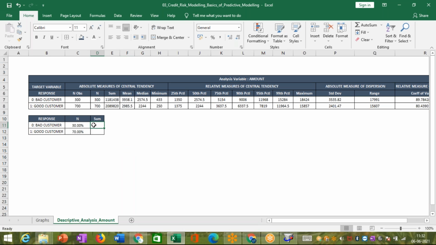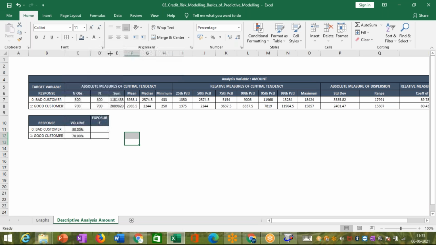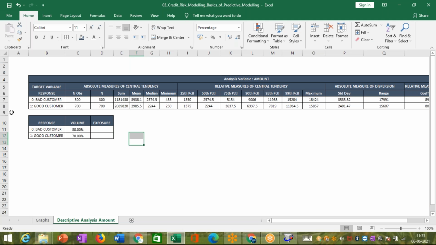Now over here I'm looking into the volume, or let's call it the distribution of the population or the base, the total volume of the customers. Now this is the total exposure, or the total amount or the total balance that we have over here.